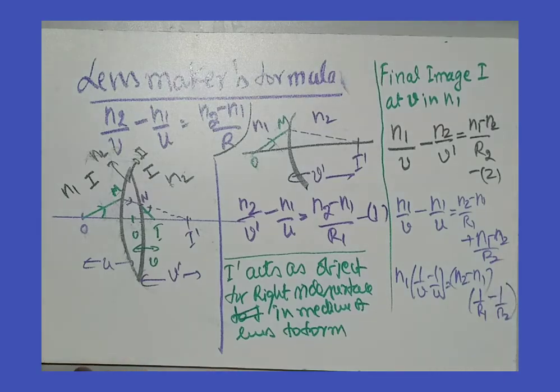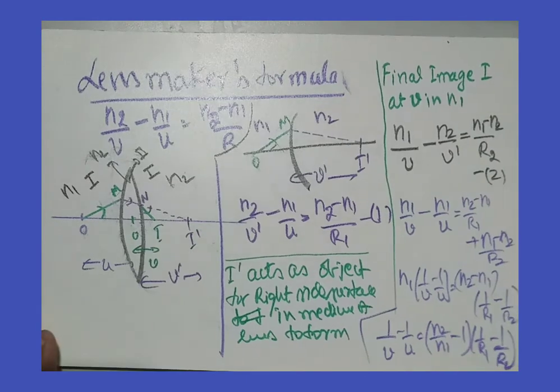With this, we can now write the final equation: 1 by V minus 1 by U is N2 by N1 minus 1, into 1 by R1 minus 1 by R2. To simplify this equation in the last step, we go like this.